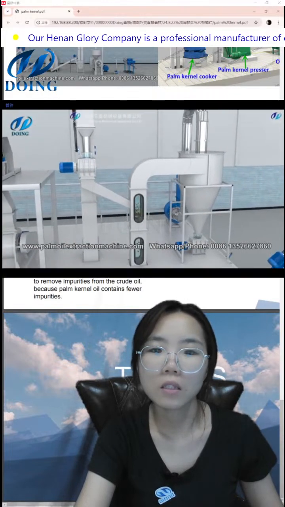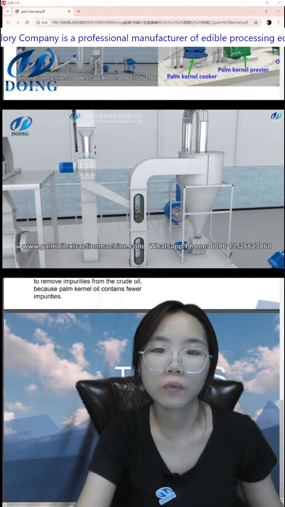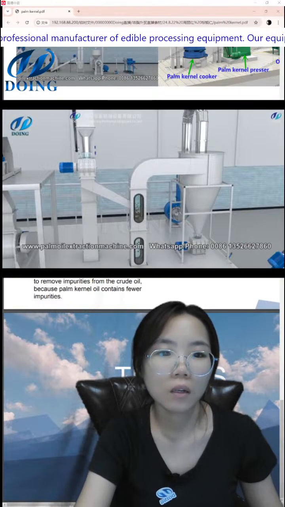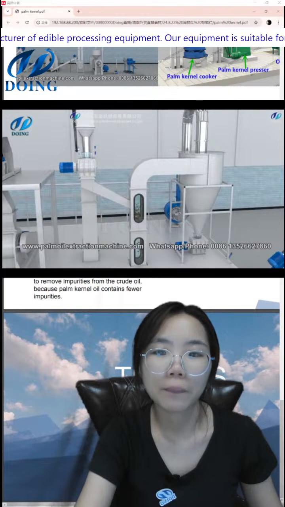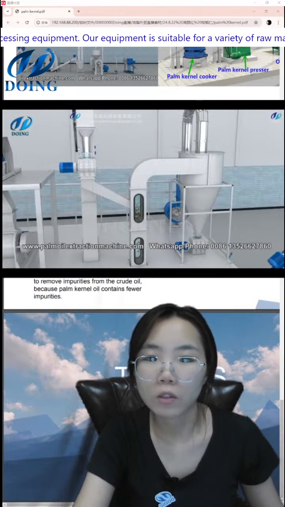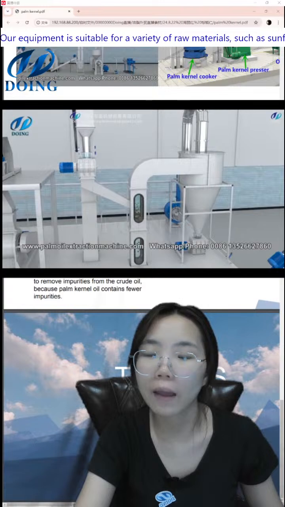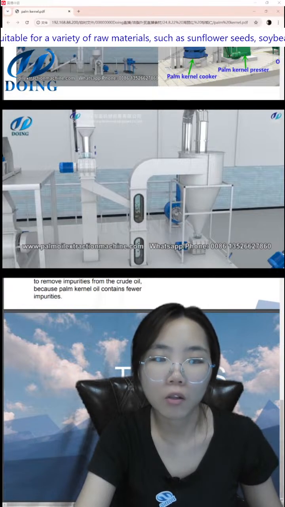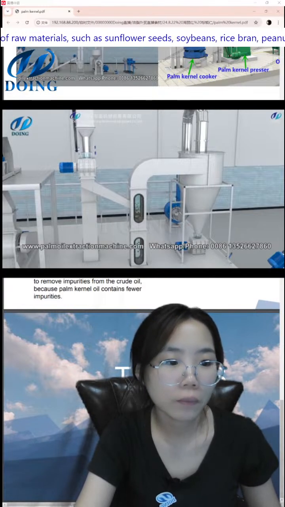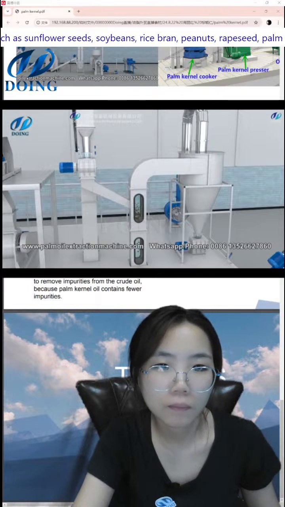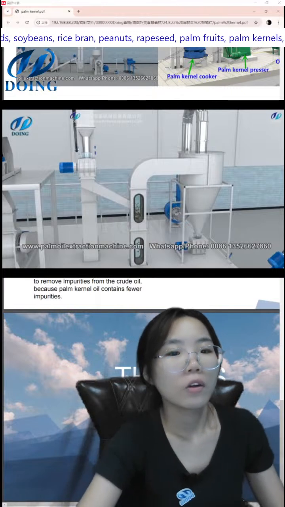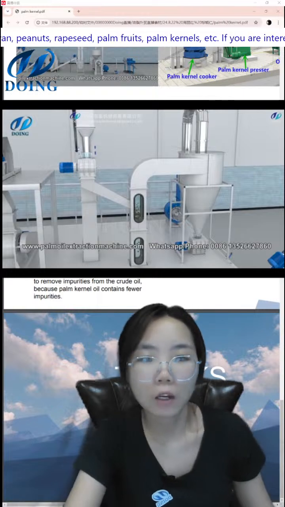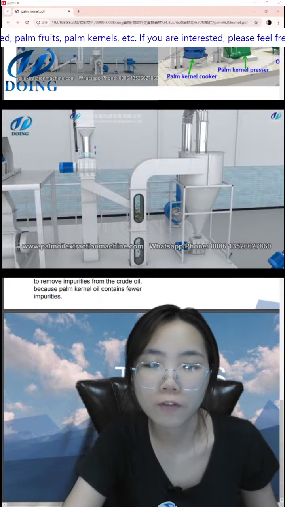And this is the cyclone collector, which has an internal fan to draw air outward, and the shell will be injected into the cyclone, then be discharged from the outlet.